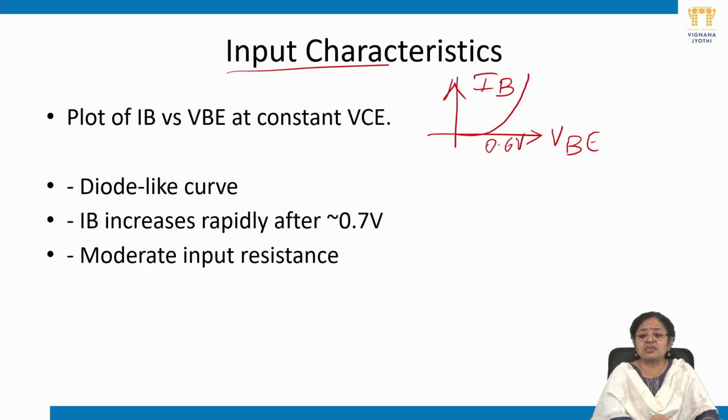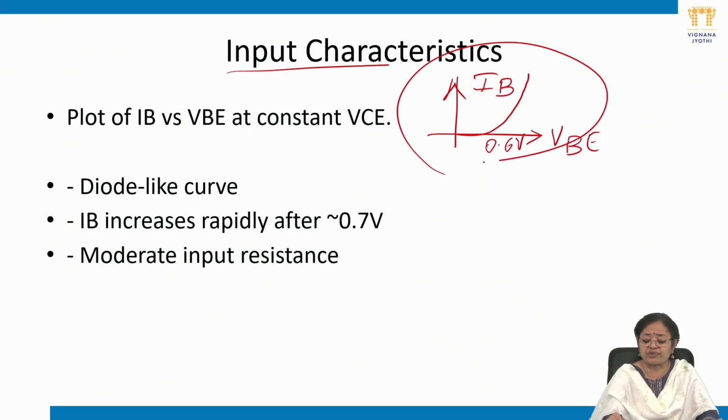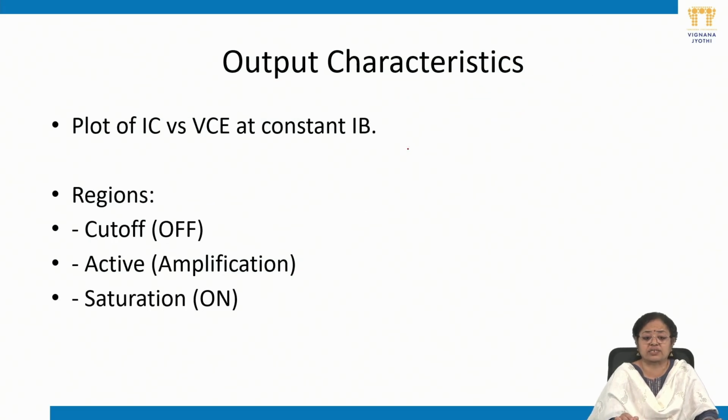As VBE is increased, the current starts to increase, and after 0.6 volts it increases exponentially. So we have a diode-like curve. IB increases rapidly after 0.7 volts or 0.6 volts, hence we have characteristics similar to exponential, as shown over here. So this is the input characteristics.